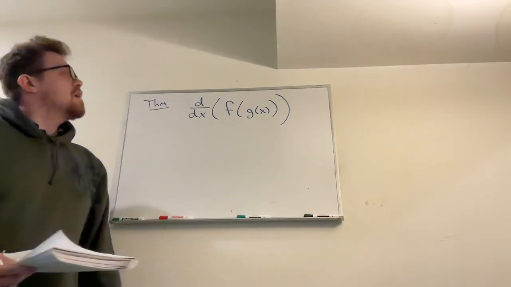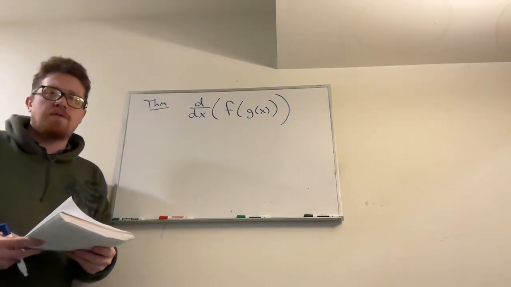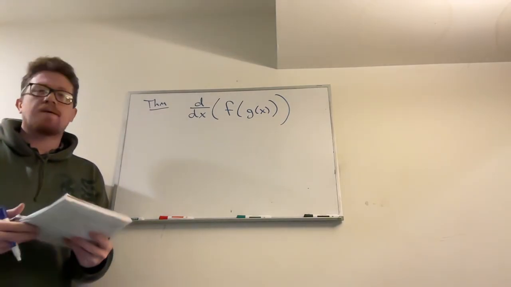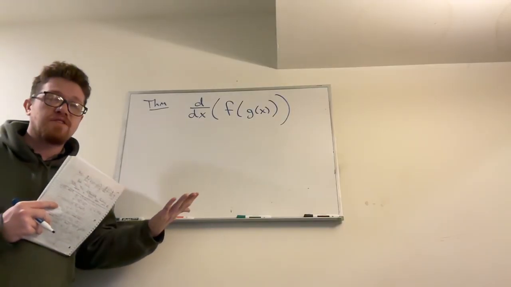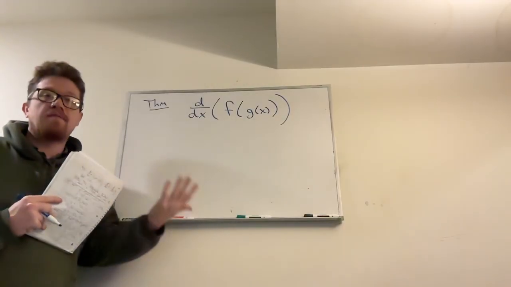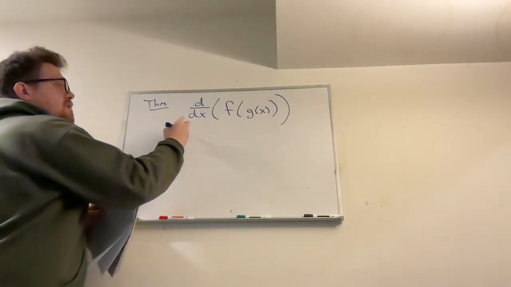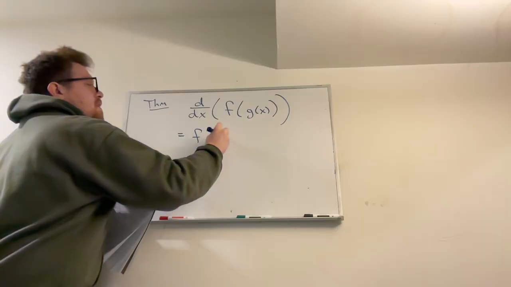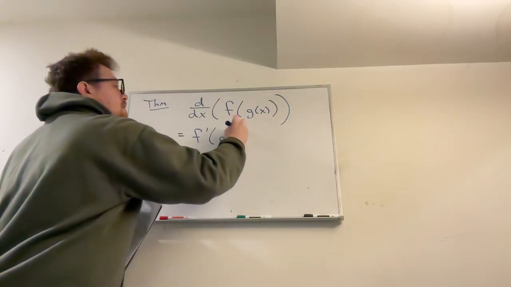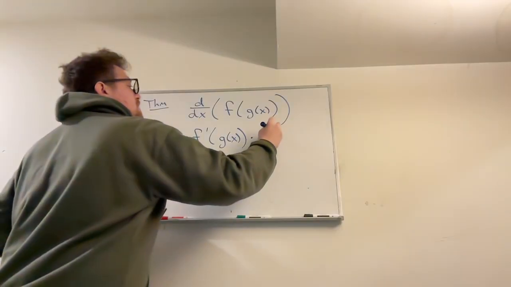So this formula is going to help you calculate those types of derivatives, whenever you have a composition of two functions and the derivatives of the individual functions. So the derivative of the composition is the derivative of f, and you plug in g of x, and then you multiply by the derivative of g.